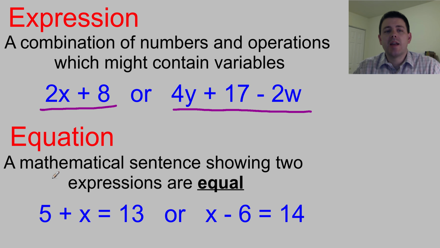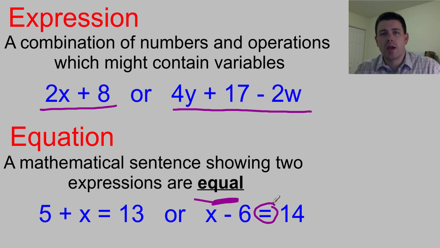What we're going to be tackling now are equations. These are mathematical sentences showing that two things are equal. The giveaway is that you see that equal sign in a problem. So now we're actually going to be able to figure out what that x or that y is supposed to be. So some examples down here to jot into your notes. 5 plus x is equal to 13. So 5 plus some number is equal to 13.